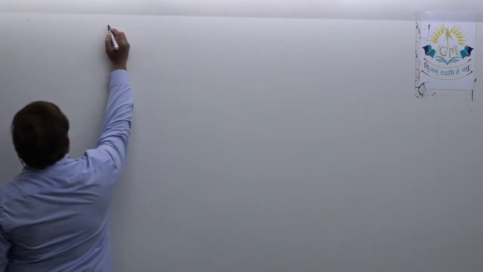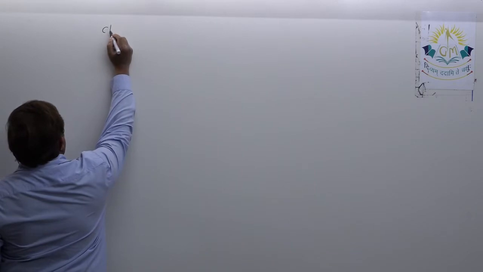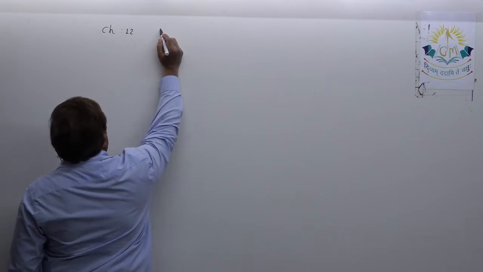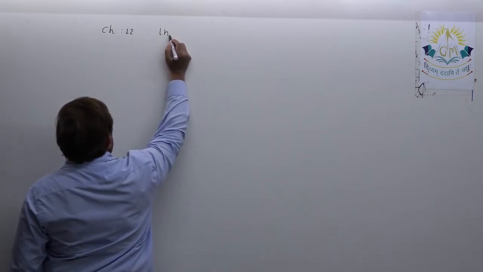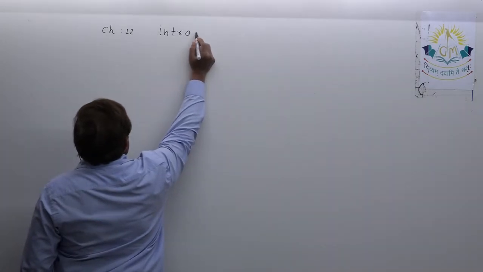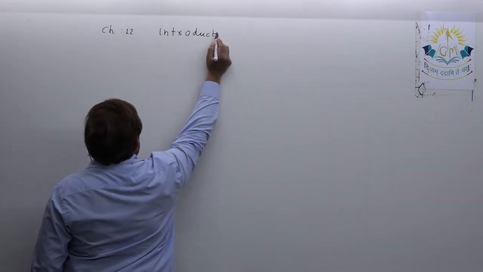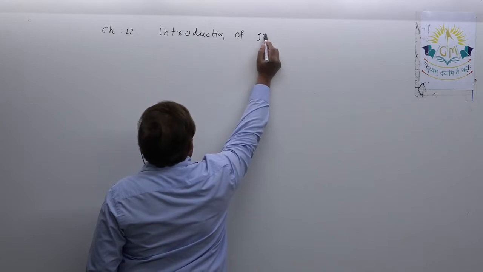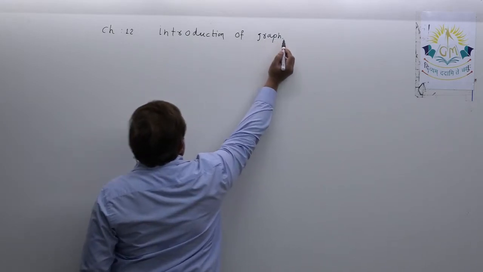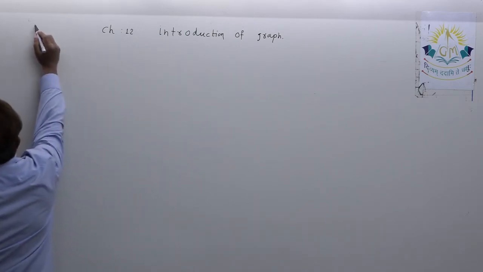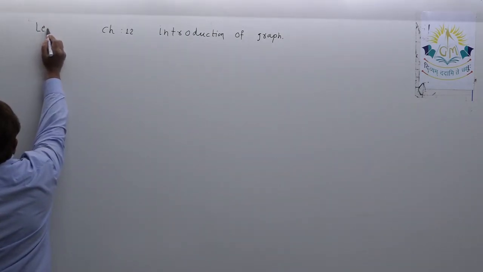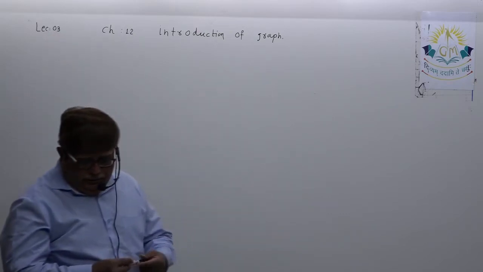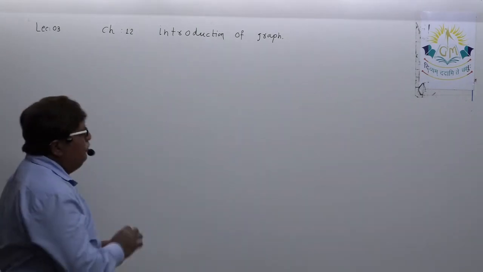First, the title of the chapter, as you all know, chapter number 12, Introduction of Graph. And in that, dear student, in today's lecture number 3 we are continuing practice of some of the other important graphs.